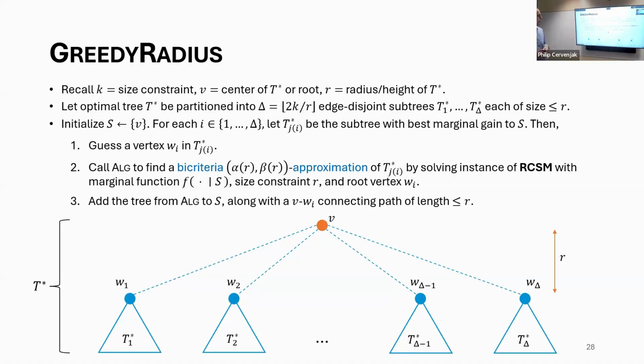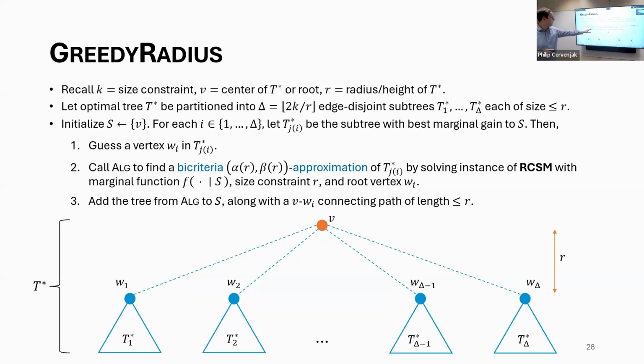And then maybe you can see that we can just call ALG to approximate that subtree, because we can consider the instance of our rooted connected submodular maximization problem, where the root is one of these vertices, Wi, and the size constraint is R. So the size constraint is the same as the size of the subtrees that we're considering.